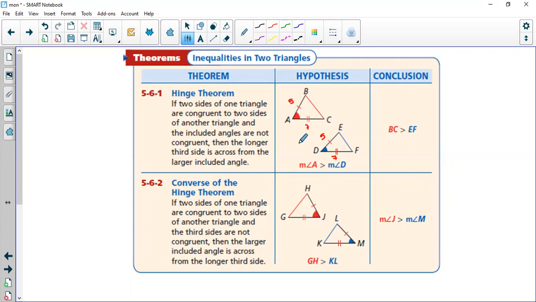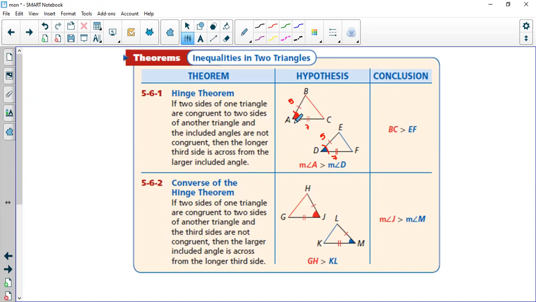So this is where we use the Hinge theorem. You know what's the included angle? When we talk about the two sides, the angle which makes up the two sides is the included angle. So if the included angles are there and they are not congruent, it means they are not equal, then we can find out which triangle's third side is greater or lesser.